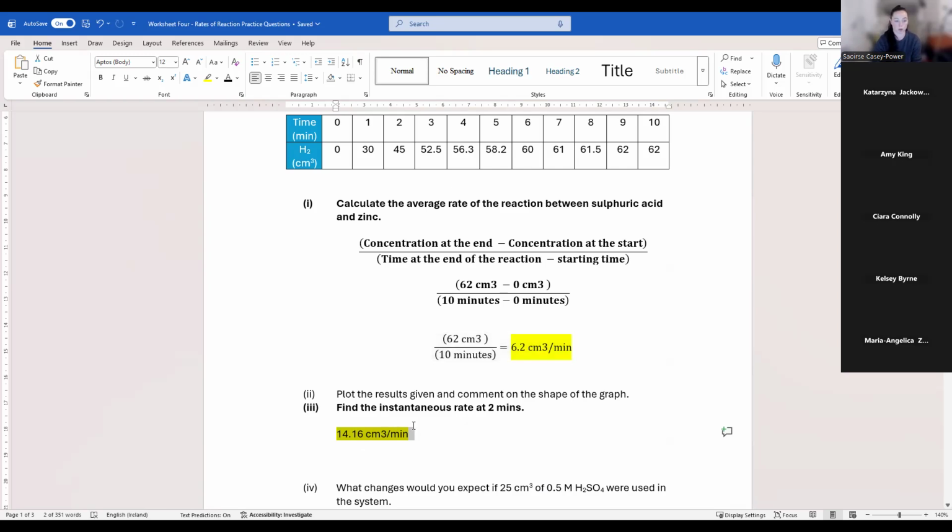Whereas your instantaneous rate at 2 minutes is happening nearly at the very start of that reaction, so you would expect it to be a lot higher at that point because, like I said, your reactants are there in abundance. They're reacting very well. A lot of product is forming, a lot of reactants are being used up. So you would definitely expect it to be higher at the start of the reaction in comparison to what it was overall.